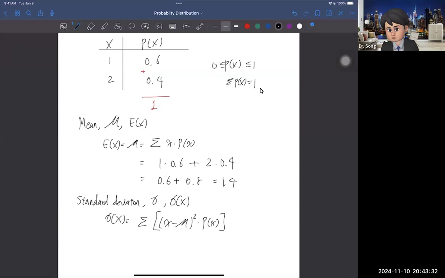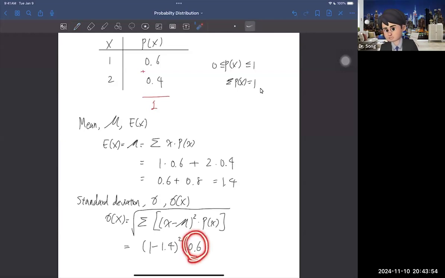Oh, I forgot to take a square root. So here we need to put the square root. When you don't have a square root, that is sigma squared, which is the variance. Now the standard deviation is the following. The first one is 1 minus the mean 1.4, squared, times the probability 0.6. Be careful, I didn't square the probability.